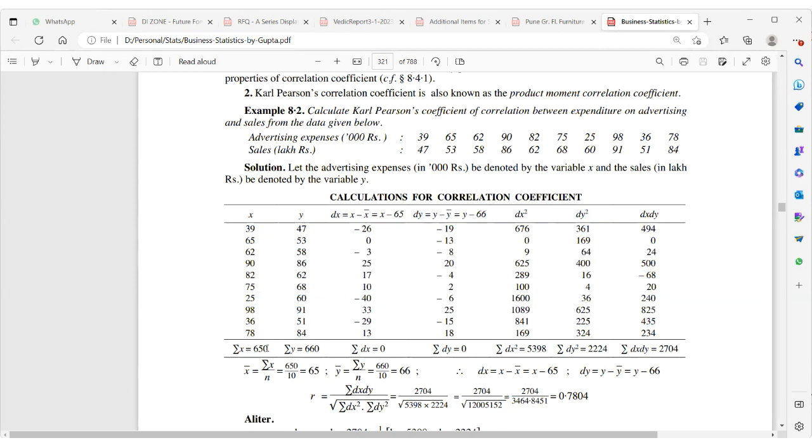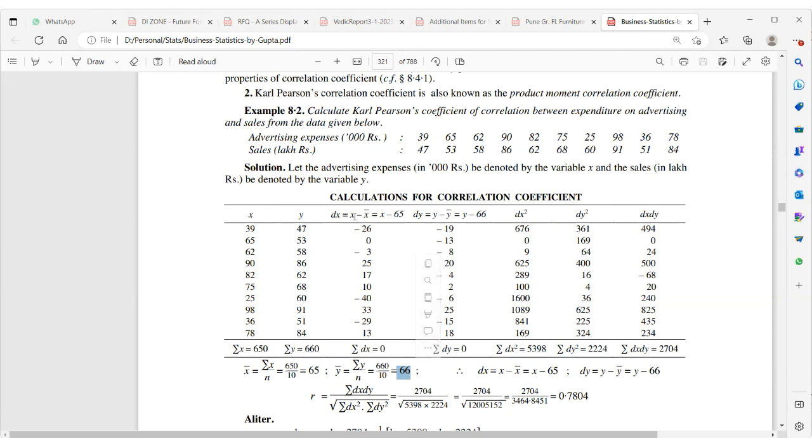It comes to 650. Total number of terms is 1, 2, 3, 4, 5, 6, 7, 8, 9, 10. 10 terms, right? So x bar is 650 divided by 10, that is 65. Similarly, for this, it is 66.